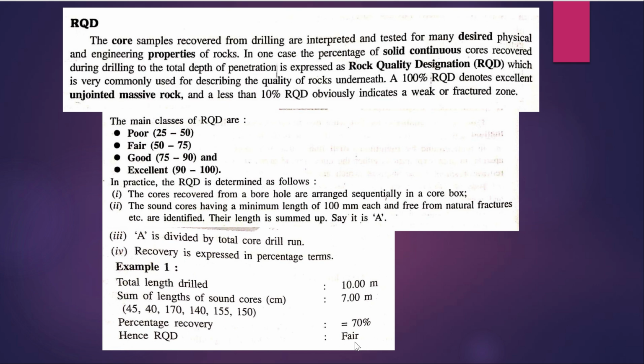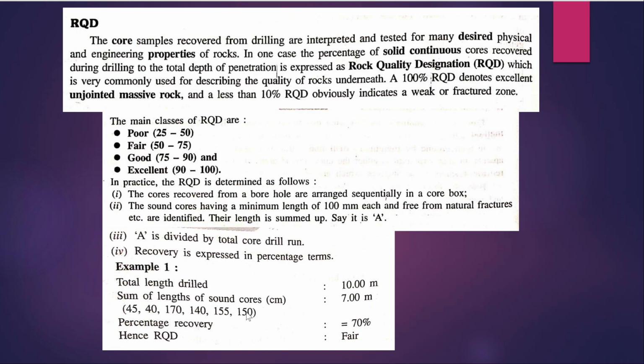So RQD is nothing but the length of continuous solids divided by total depth of penetration. So if you add all these lengths and convert it into meter, it will be total 7 meters. So here it is given in centimeter, that is if you add 45 plus 40 plus 170 plus 140 plus 155 plus 150, it will be equal to 700 centimeter.